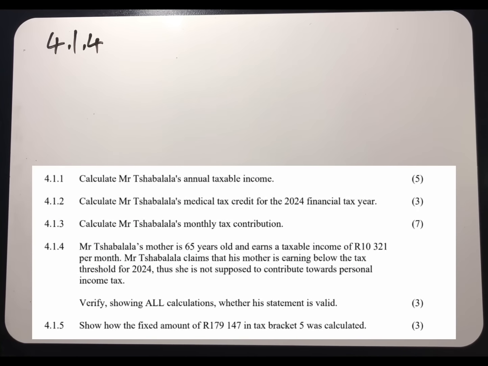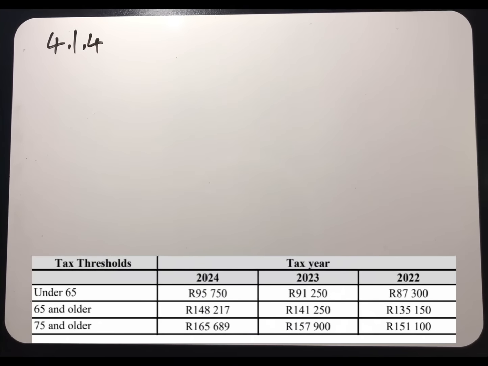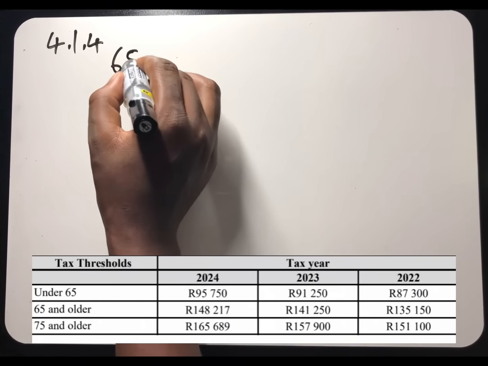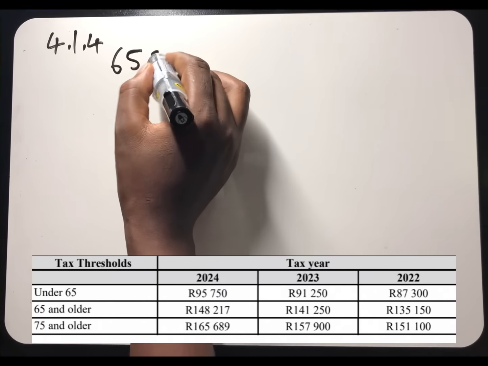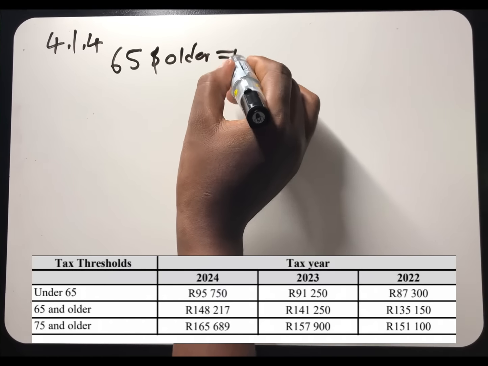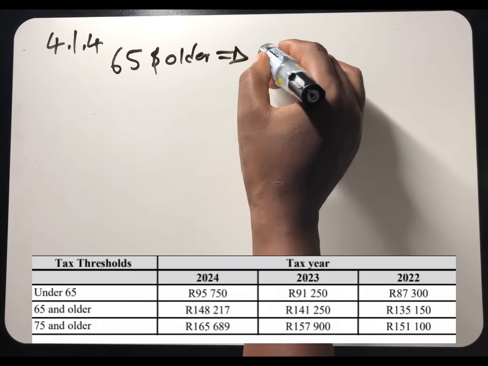Looking at the tax threshold, her age is 65 years old, so we look at 65 years and older for 2024.